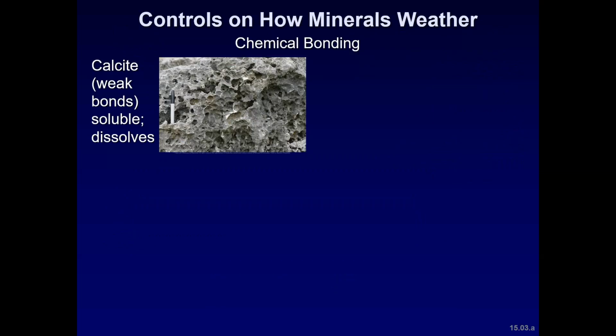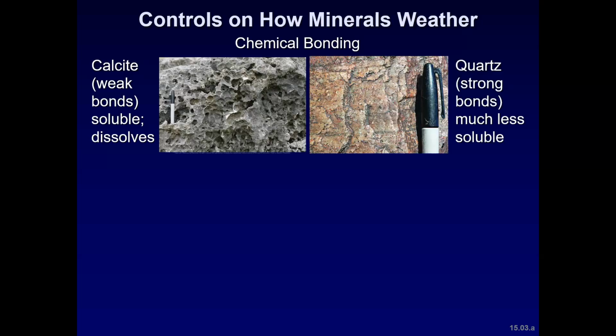Okay, so there are some controls or factors that control how different minerals weather, and that includes climate, the time exposed to weathering, the chemical composition of the minerals, and the atomic structure of the minerals. So calcite has pretty weak bonds and it readily dissolves in water in the presence of an acid, especially. Quartz has strong bonds.